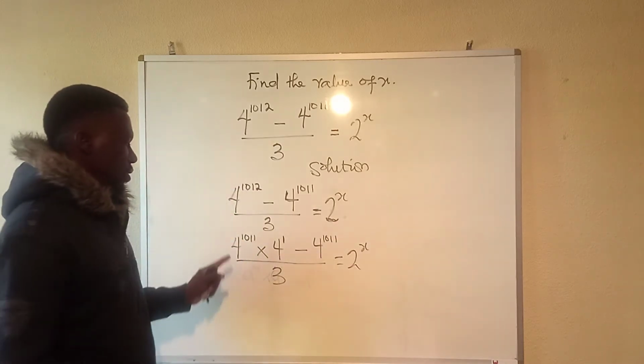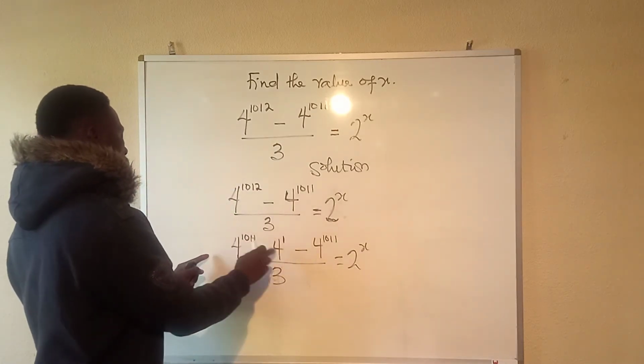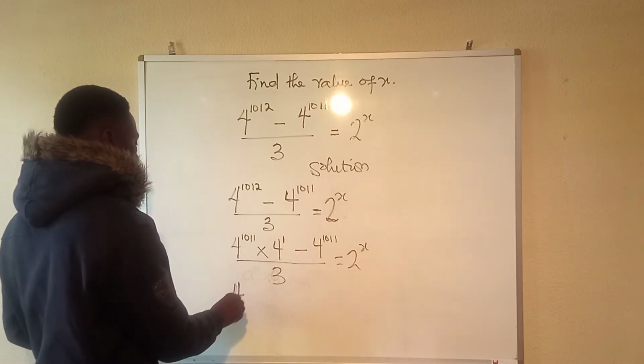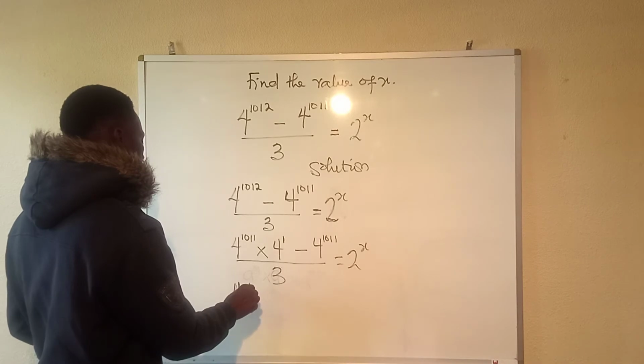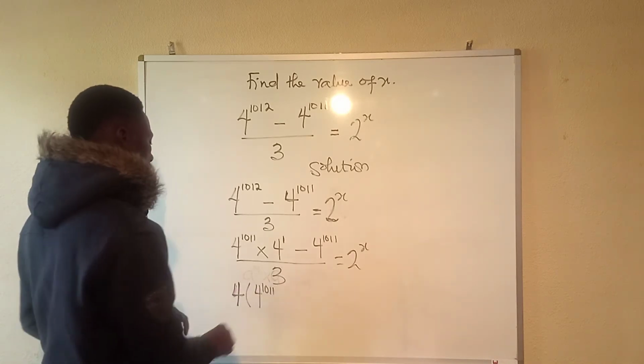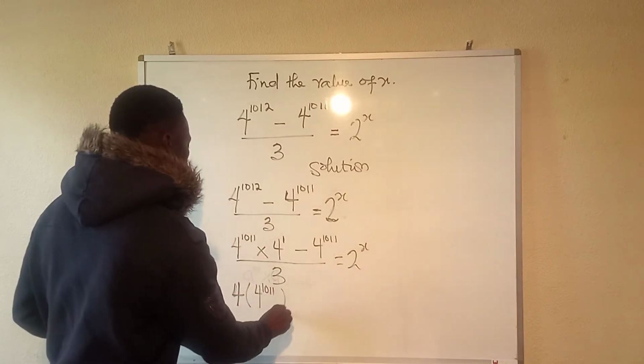And so what we're going to do here is that we can factor 4 out. So we have 4, which is a common factor over here. So 4 out. Then we have 4 to the 1011. All right.